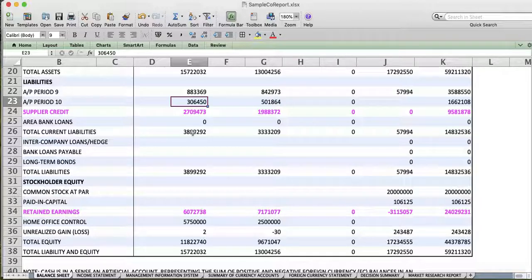This line is also important because it is also part of the calculation of the possible bank loan that you would be allowed to obtain.